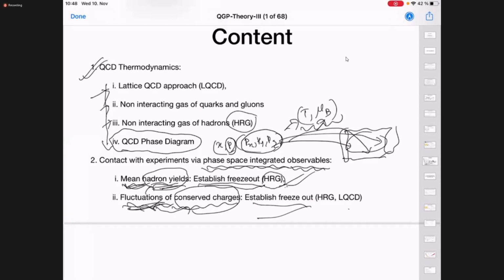And lately, even a first principle method like lattice QCD has also joined this effort, and we will discuss how, by comparing measurements of fluctuations of conserved charges, one can now do a direct comparison between something as first principle as possible, like lattice QCD, and experiments, right? And in the end, we basically establish the result.